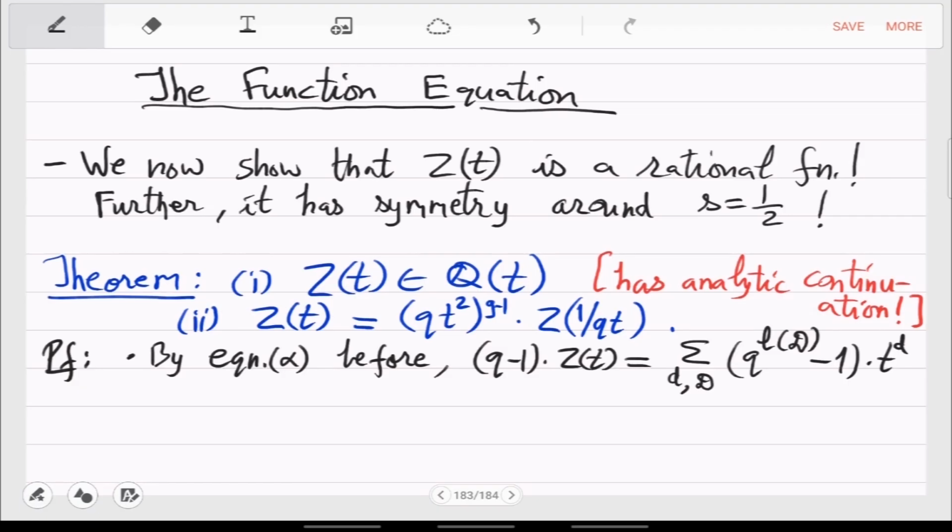And now what we want to do is study the first part, which is the L dimension. So let's break it up. I mean, this will be nothing but just trying to get this infinite sum to converge to a function, a rational function.